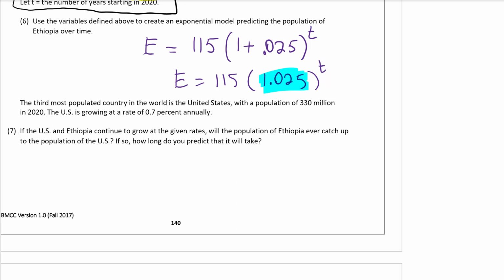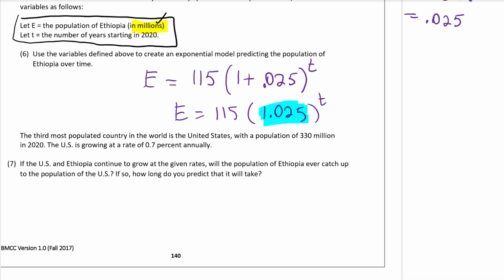We'll explore this, but just by looking at the rates, right? So Ethiopia has a rate of 2.5% growth, but it starts off with 115 million, while the United States has a growth of 0.7%, and it starts off at a larger population of 330 million.